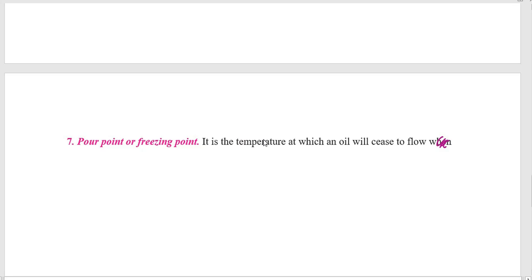At points where you have freezing areas, for example in winter, this oil is unable to flow, and therefore the freezing point of this oil is a point to consider.